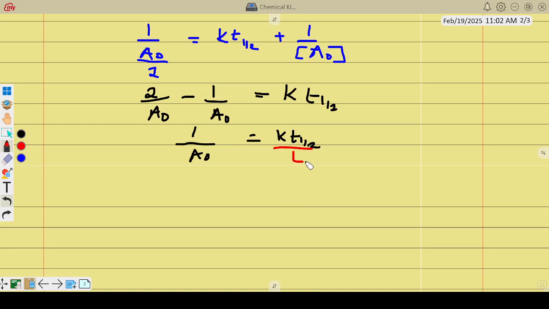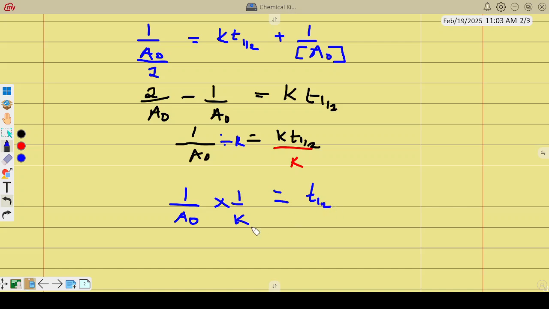So to get rid of K, we simply say over K, and here you can see there is already over K, so you can simply divide by K. Let's write it properly here. We divide by K both sides. Over and division are the same. So it means we're going to have 1 over A naught times 1 over K.